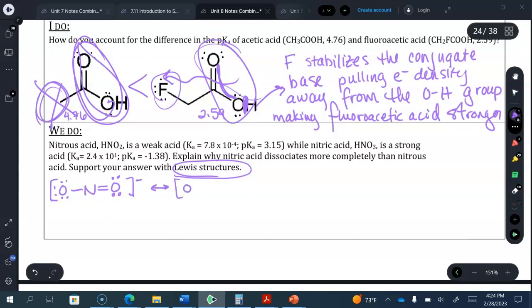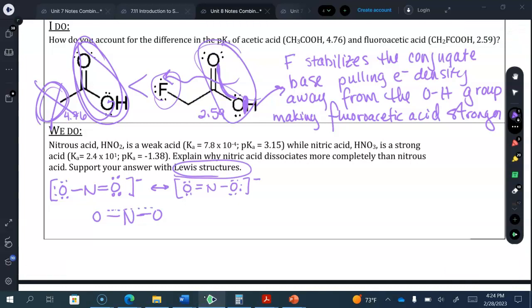So I know that that double bond can switch to this side and form this. So that means that the double bond is technically spread amongst this whole thing. So it's over a little bit of space.